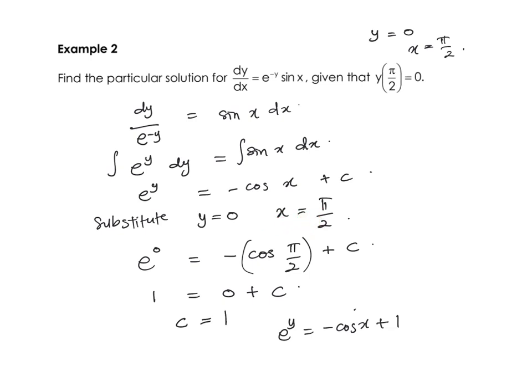After substituting, we get c equal to 1. Then we substitute c into this equation. So our particular solution is e to the y equal to negative cos x plus 1.